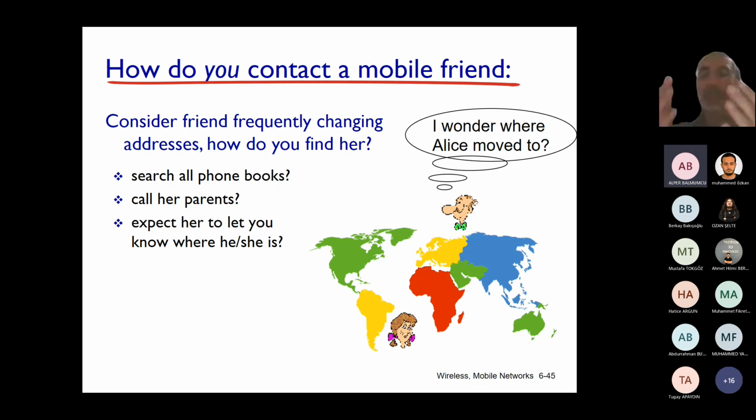We had phone books, and we opened the books, looked at the names and found the phone number of that specific person. Or we called her parents, asking where this girl is. Or you wait and let her call you to tell you where she is. These are some ways to find your friend.